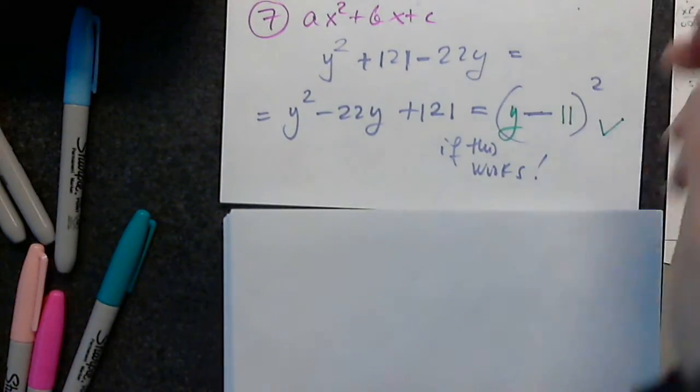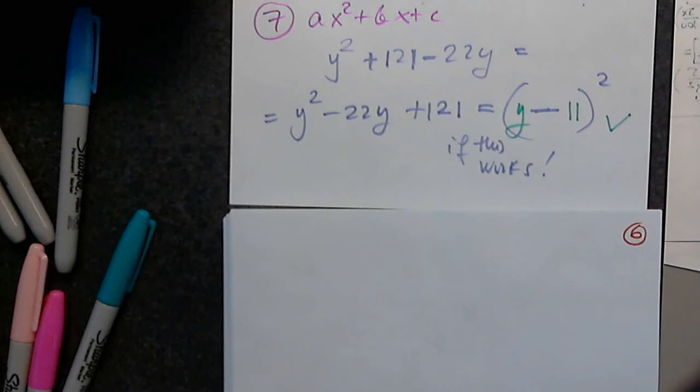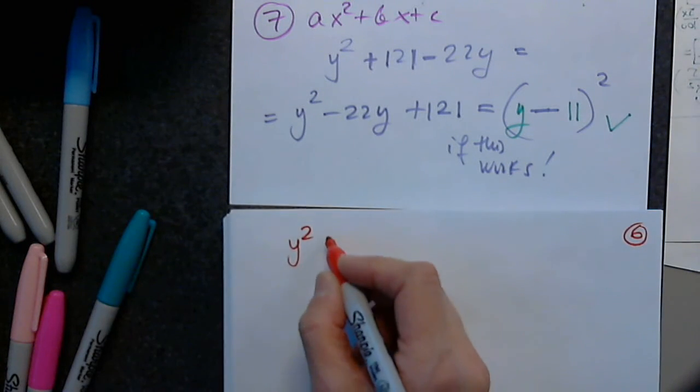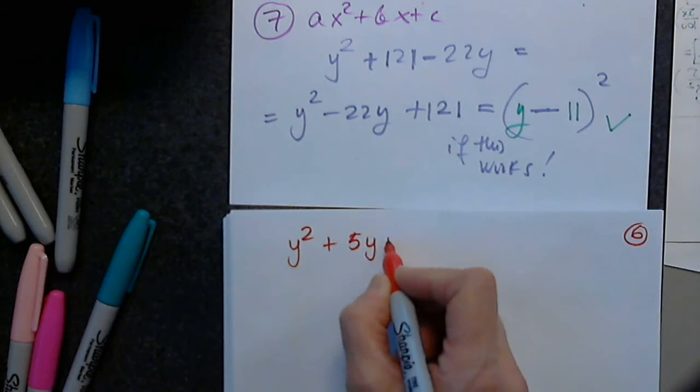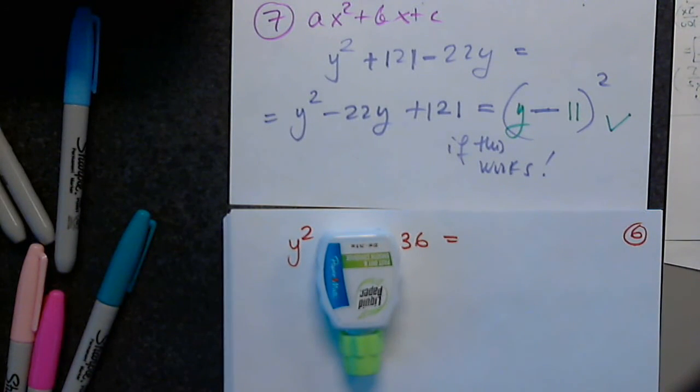Let me say it with one other example, and we'll come back and I'll say it again for that one. So let's say I have y squared plus 5y plus 36. Is this a trinomial? It is a trinomial.